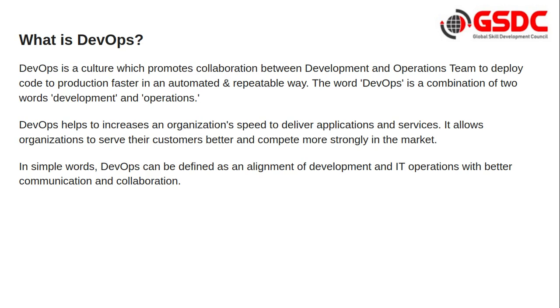So the gap that we have seen between those two different teams is filled by the DevOps person, so that every team gets to know what is happening and gets continuous updates. With this, whatever the developer team is doing, the operations team will get to know.